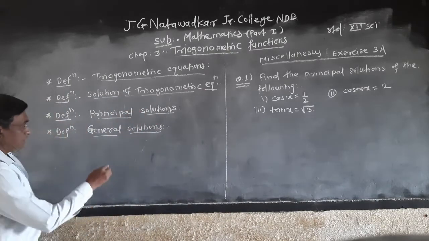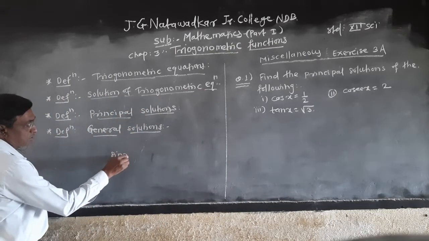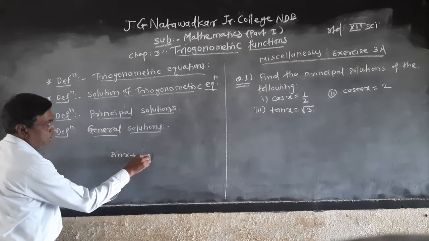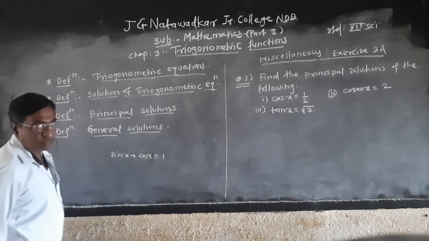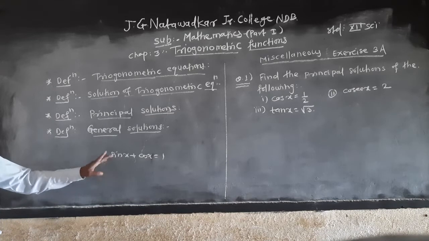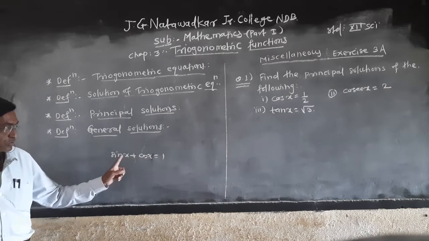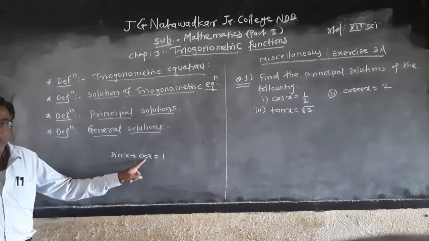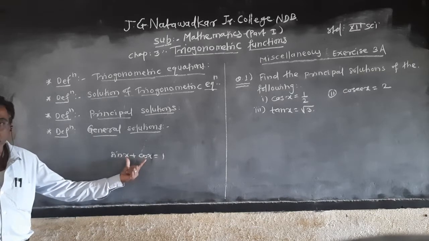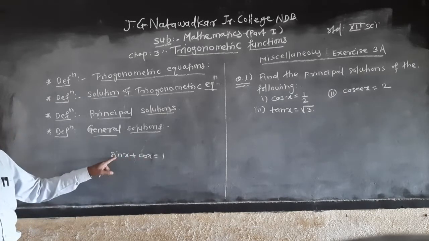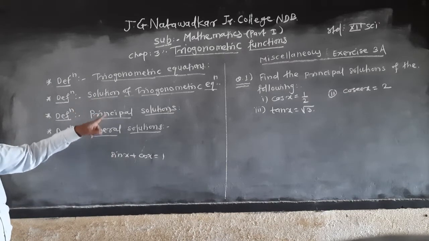For example, sin x plus cos x is equal to 1. This is a trigonometric equation, because it involves two ratios, the sine function and the cosine function, related to the variable x. That's why this equation is known as a trigonometric equation.